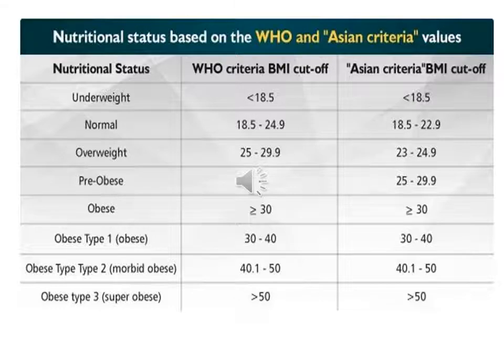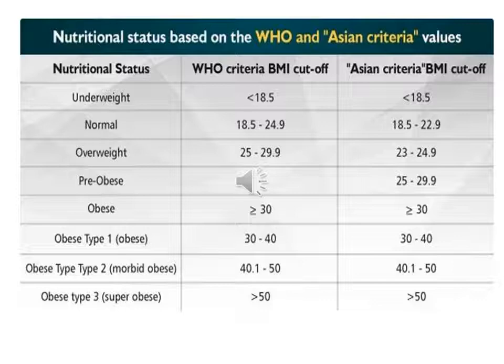This slide is showing the assessment of nutritional status using BMI, and two criteria are given by WHO. The WHO criteria BMI cutoff reflects the criteria for the general population, while there is a different criteria which has more stringent and precise cutoffs for the Asian population like us, because of their increased genetic predisposition to develop non-communicable diseases.